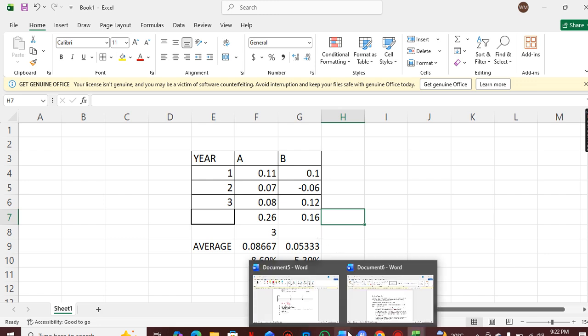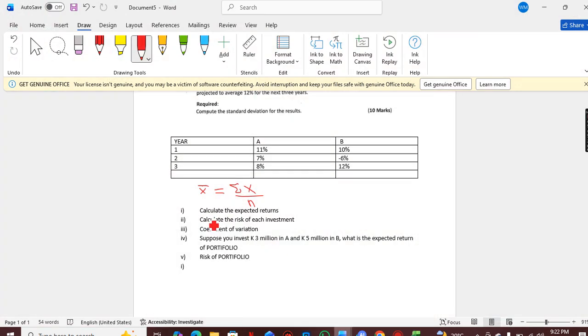Next we need to calculate the risk of each investment. Basically, we're talking about the standard deviation. If you remember, the formula for the standard deviation is this: S equals the square root of the sum of x minus x bar, which is the average, squared, over n minus 1.